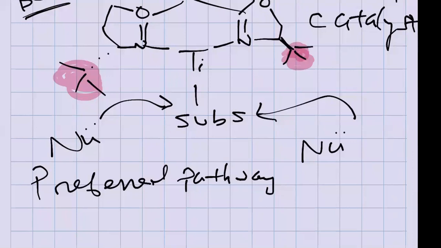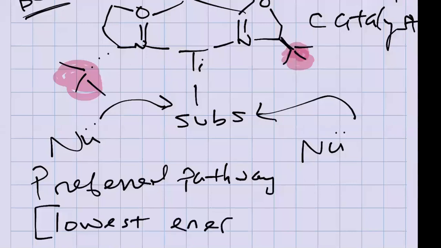When I say the preferred pathway, that's the lowest energy pathway. So that's one way. The other way is to use a pre-existing chiral center.